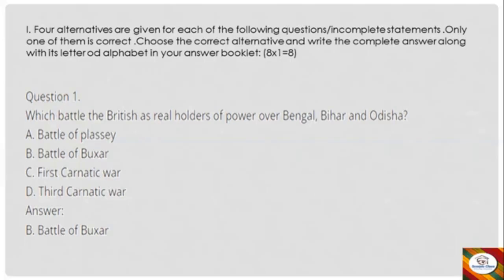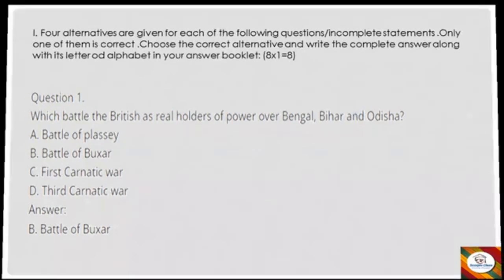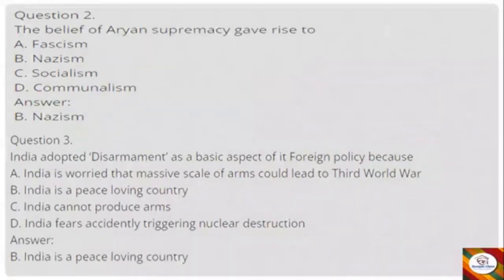And the answer is B, Battle of Buxar. Next, question 2. The belief of Aryan supremacy gave rise to A, fascism, B, Nazism, C, socialism, or D, communalism? And the answer is B, Nazism.